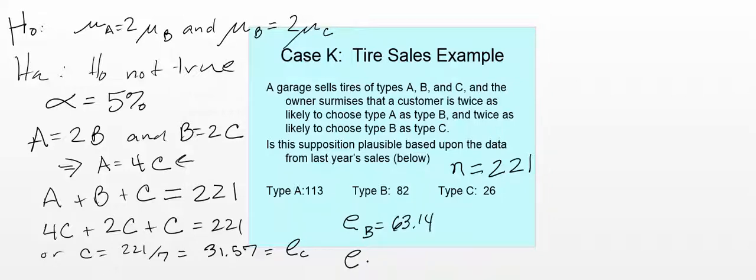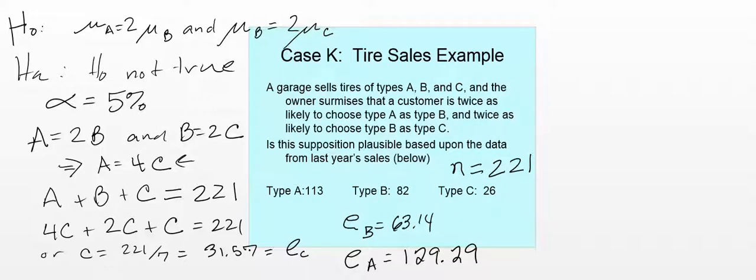And the expected number for brand A would be twice that, and I got 129.29. Now, I'm writing down the numbers that I got. When I actually made the calculation, I wasn't rounding, but I did round here. When you add those three together, you should expect to get 221, the total number we actually sold, and we get that. So expected number in A, expected number in B, and expected number in C, those total 221.